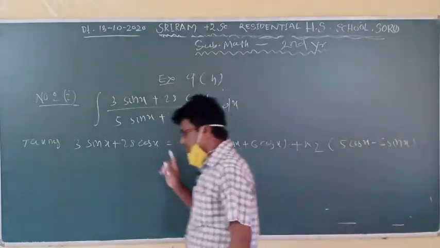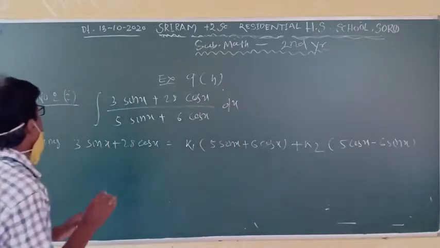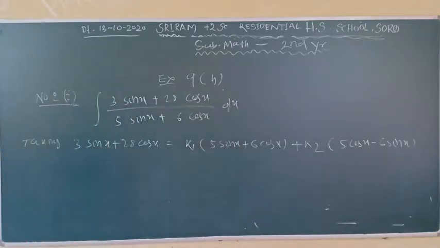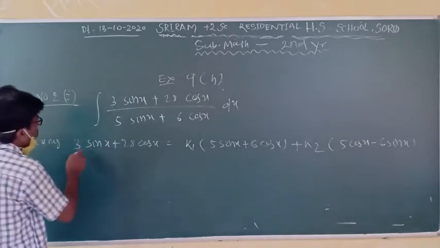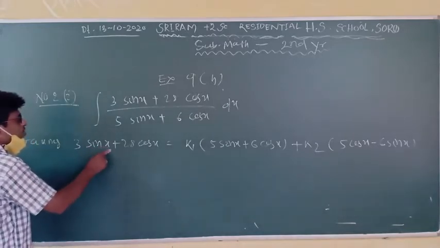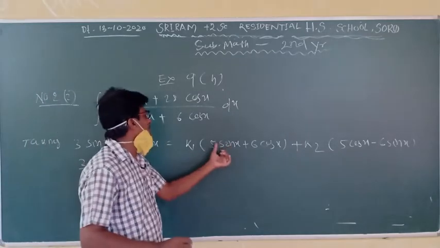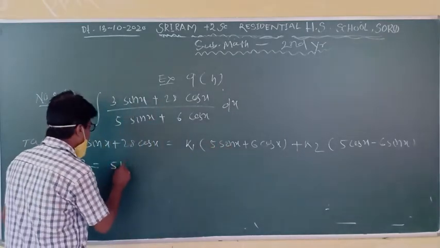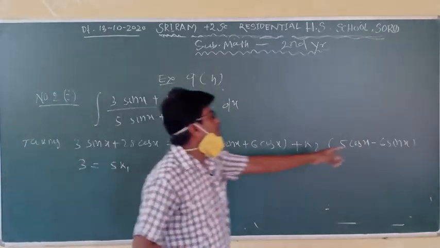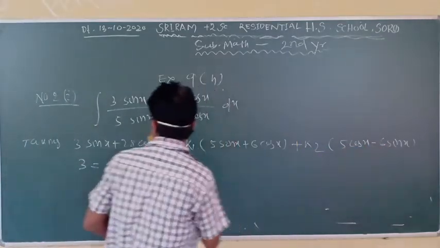Now I am going to explain briefly about the coefficients. The coefficient of sin x is 3, so 3 is equal to 5k1 minus 6k2.